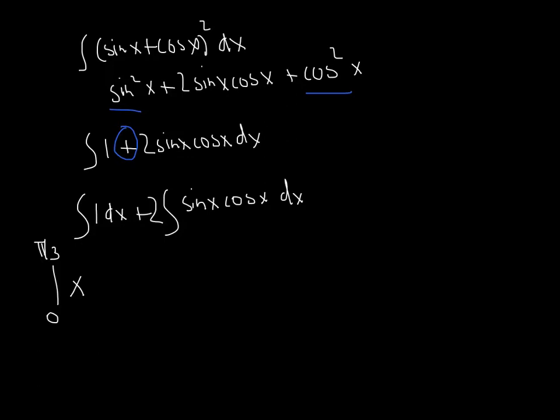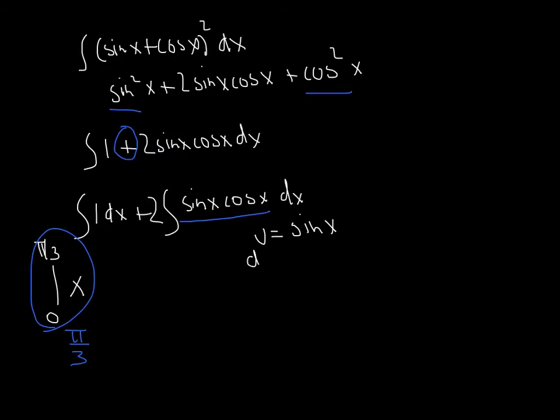And then this one here is going to require us to do a u substitution. All right, so we'll put this one on the back burner for just a moment. Actually, no, let's go ahead and just figure out what that is. So if you plug in pi over 3 minus 0, that just gives us pi over 3 as that particular part of your integral. All right, so now if we go over here, we're going to let u equal, well, we have a choice, but I'm just going to let u equal sine of x.